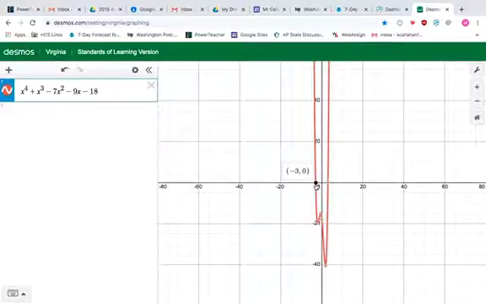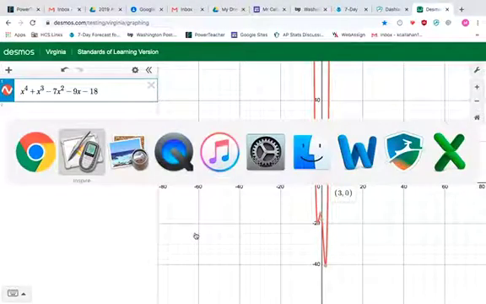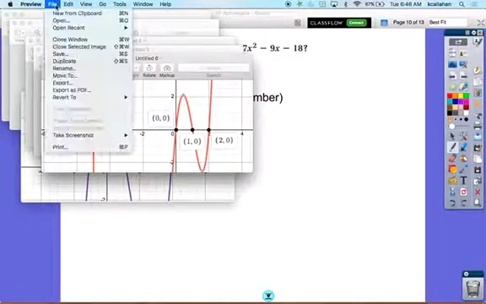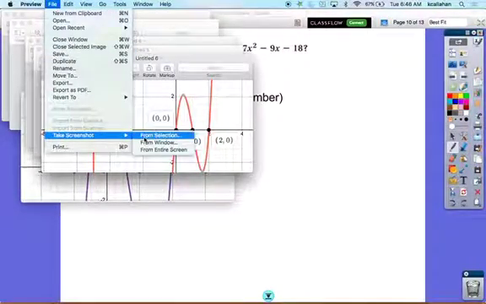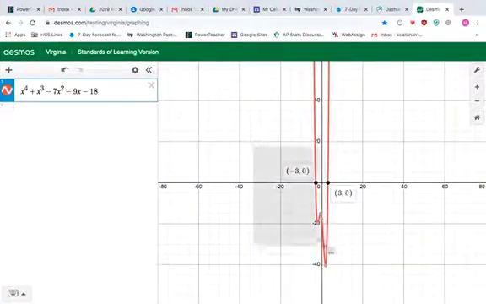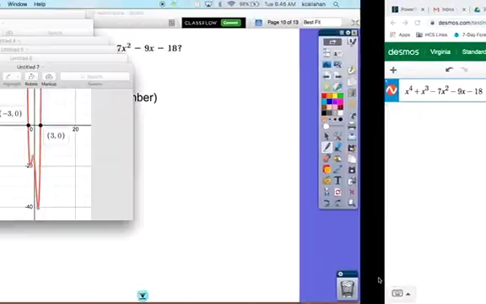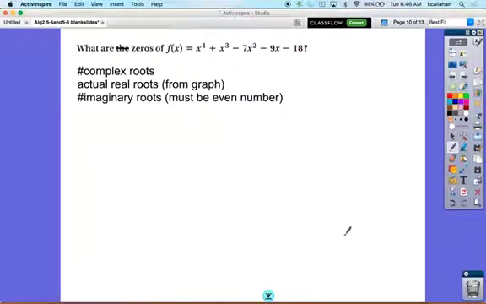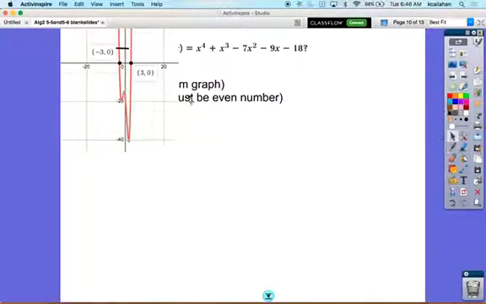And so again, here's our 2 zeros, -3 and 3. Okay, let's snippet that back to the slides. And just for completeness, I'm going to show the turning points. Drag that away.